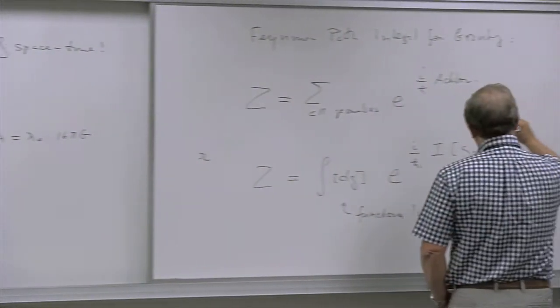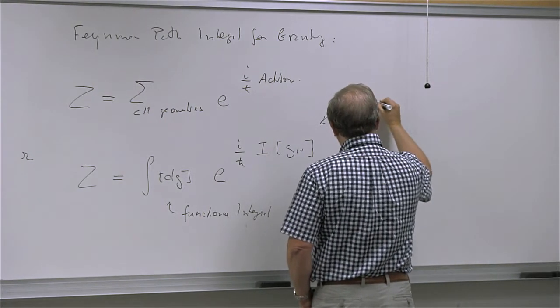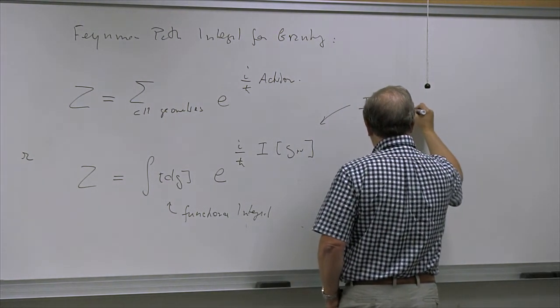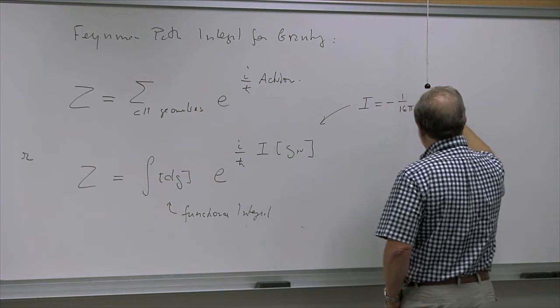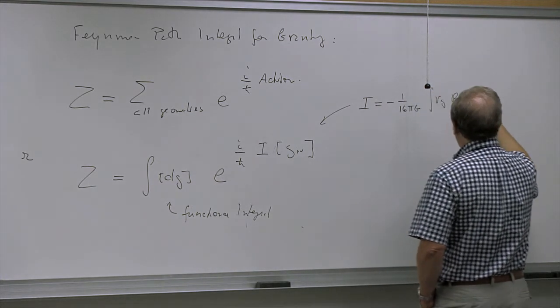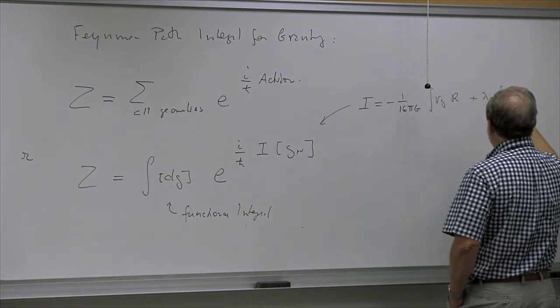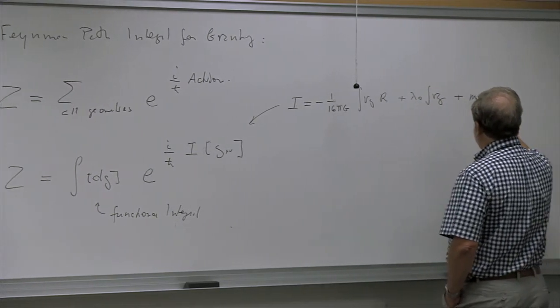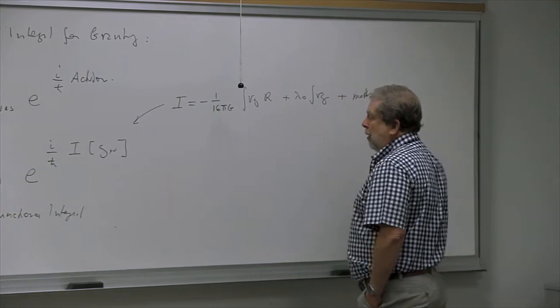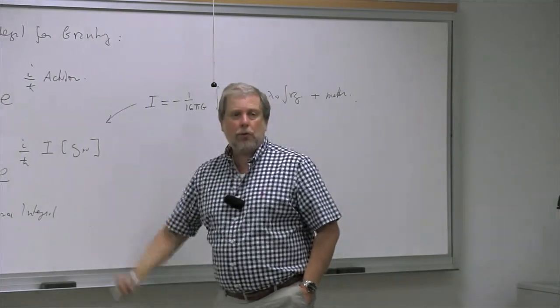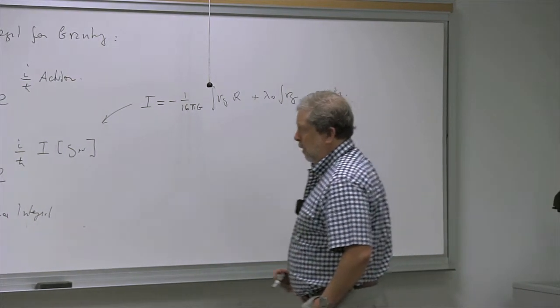So this I_g here is equal to 1 over 16 pi G times the integral of root g R, right, plus lambda naught times the integral of root g plus the matter part, right? And so if you have the matter part, of course, you'd have to integrate over the matter fields.